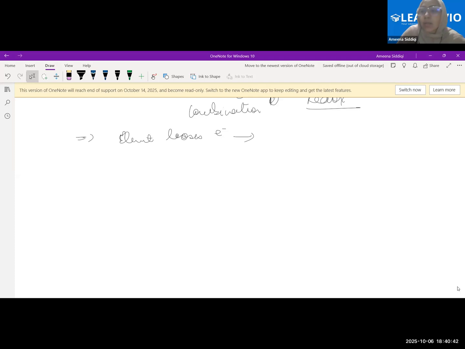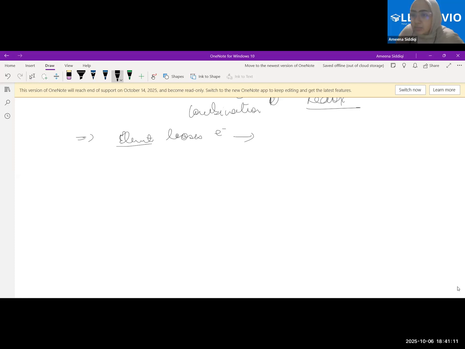Let's talk about the atom. Atom is a neutral atom initially. Now, due to some reason, the atom has to lose electrons. Initially it was neutral. Will it remain neutral? No. What charge will it attain? Positive. Very good.